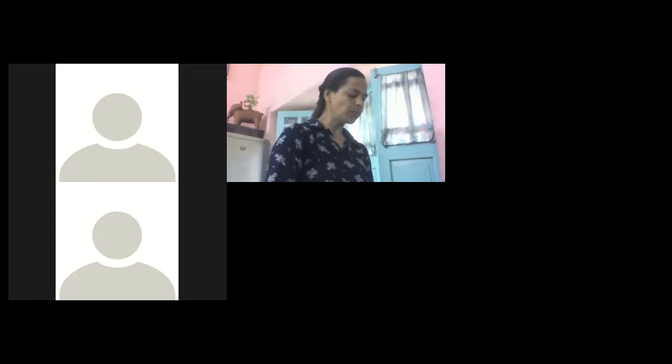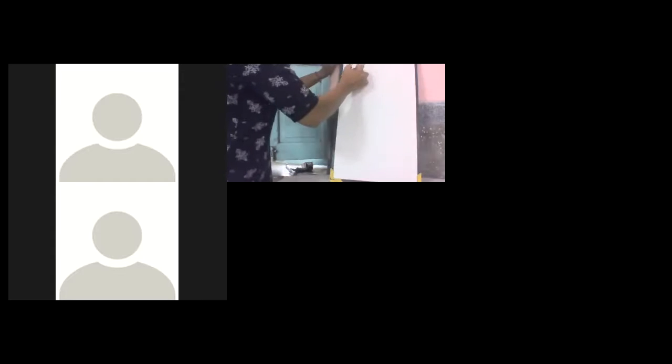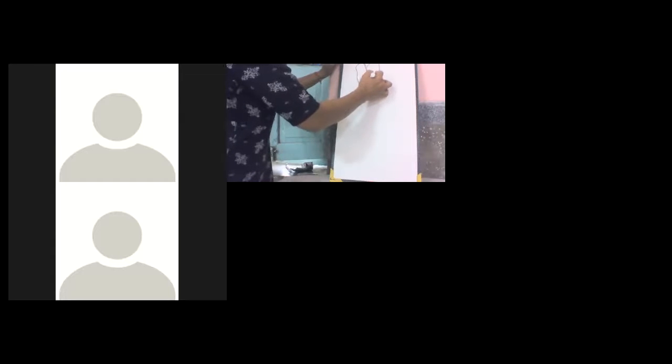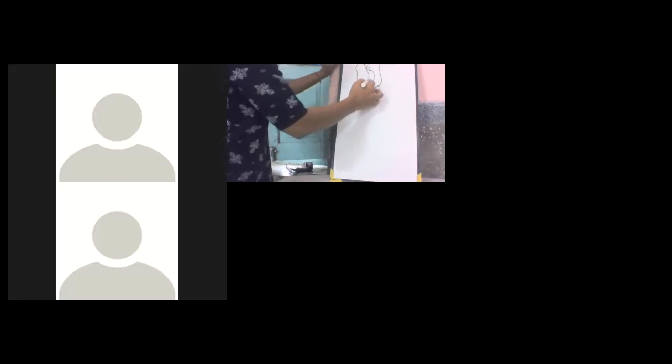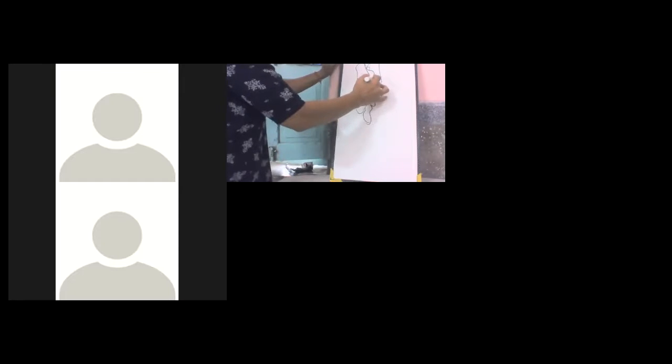This point of attachment is called the centromere. They are in condensed form, and they attach here.